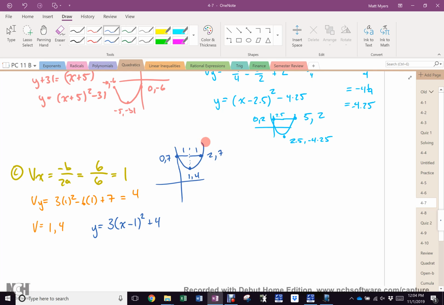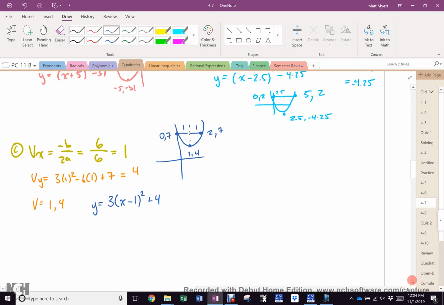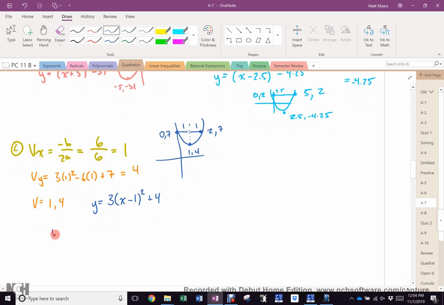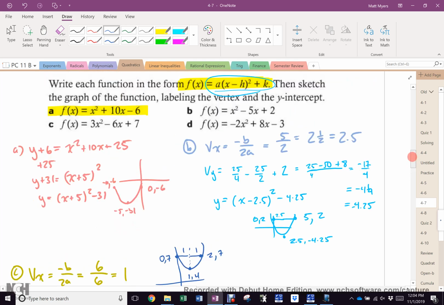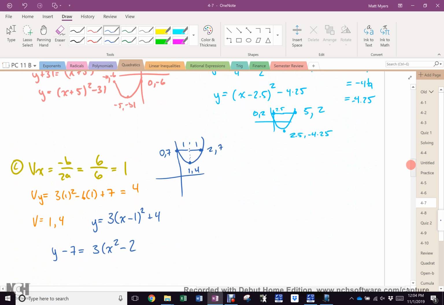Now, what if I feel good about completing the square? That's pretty easy too, right? Y minus 7 equals 3x squared minus 2, right? Minus 2x plus 1, half squared. 3 times 1 is 3, plus 3.